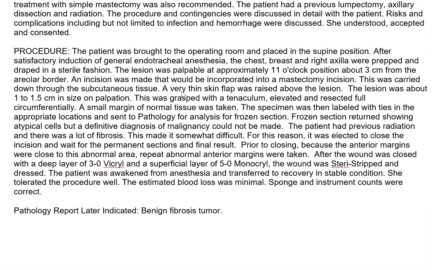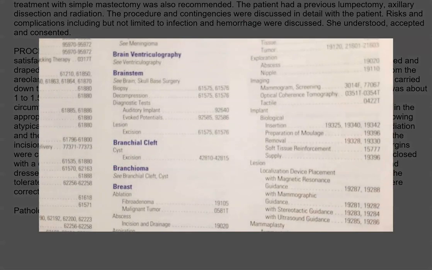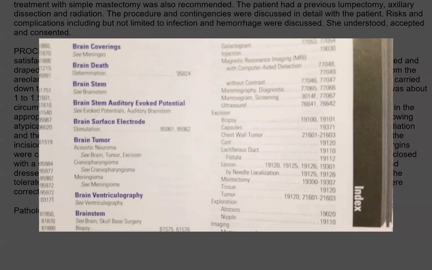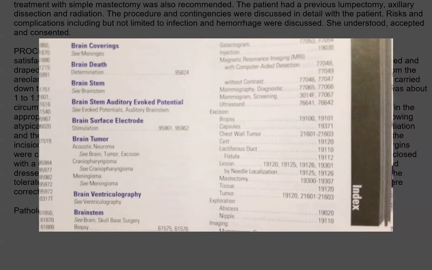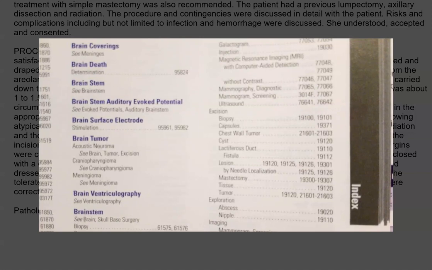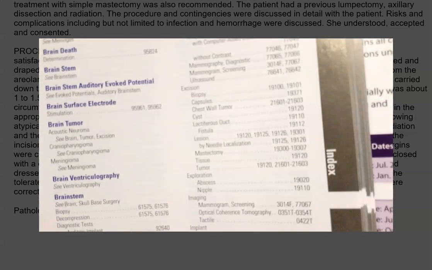So I'm going to start with breast, and you can actually go to excision, but I'm going to go to breast, and under breast, I'm going to go to excision, lesion, and the code ranges that I'm given: 19120, 19125, 19126, and then 19301.